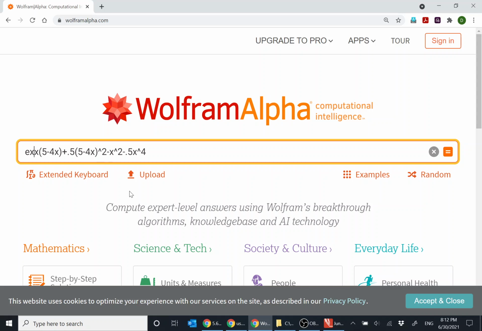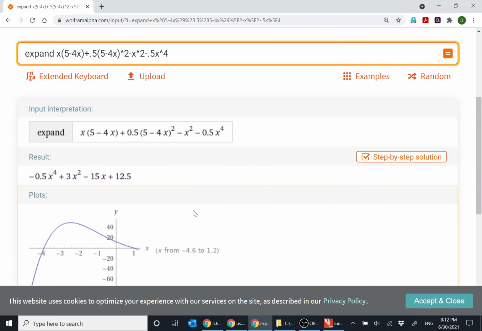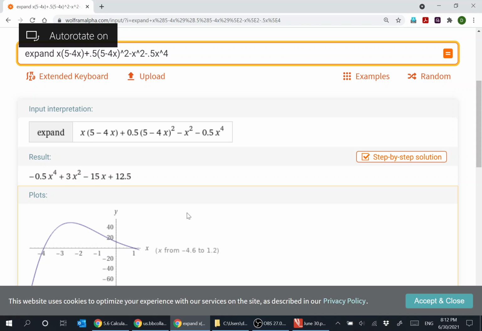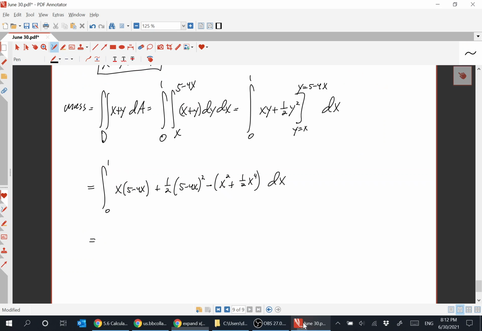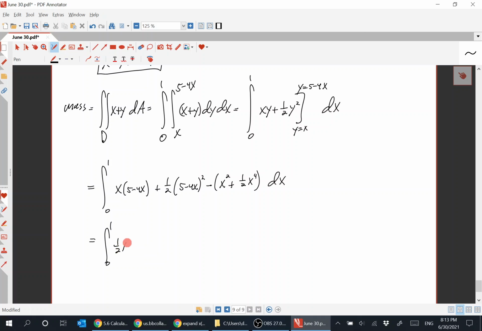So expand. So 1/2 x to the 4th plus 3x squared minus 15x plus 23 over 2, dx.